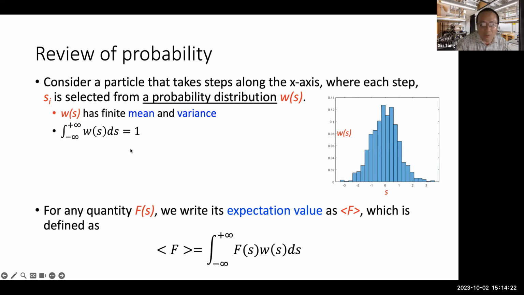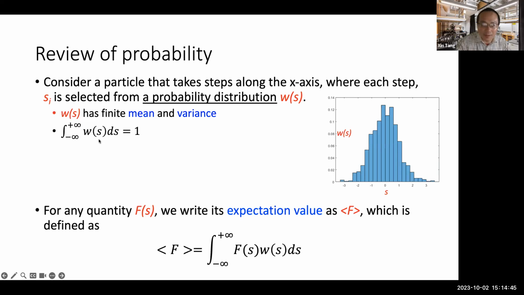Overall, it can be integrated together. So that is the integration of probability density, or you call it probability distribution, times all the possible step size, ds. This S is from minus infinity to positive infinity.